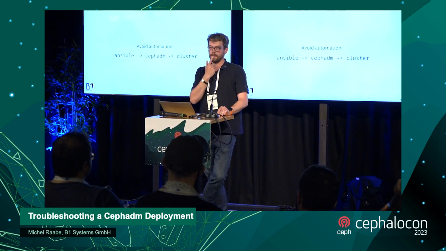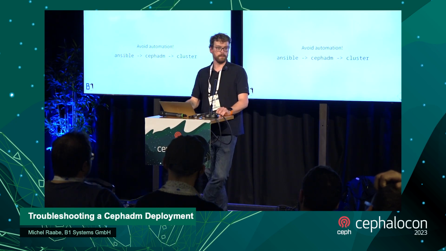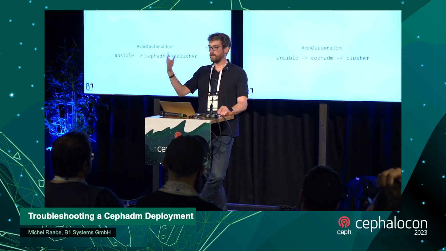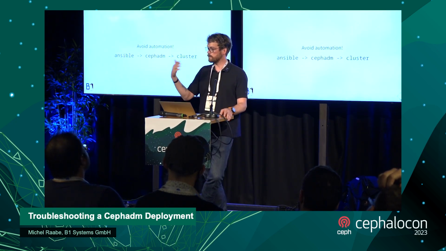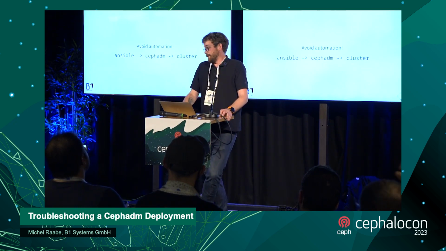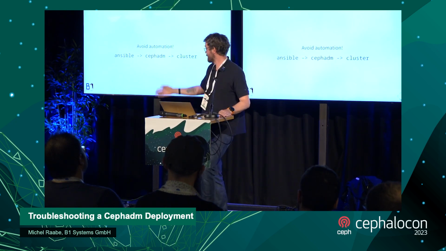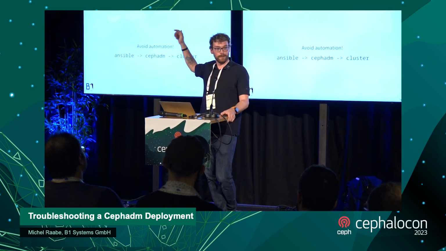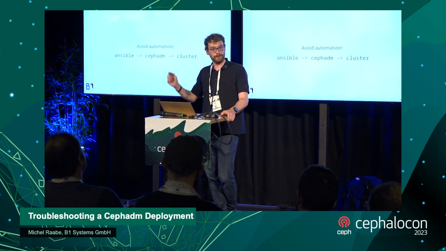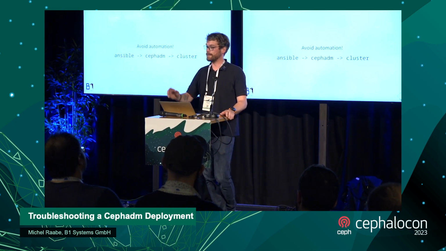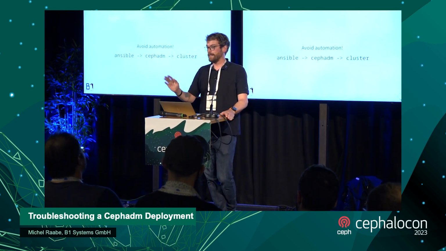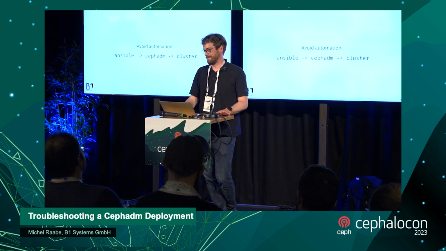Restart was done over systemctl. Oops. Ceph ADM said, okay, there was an error with one daemon because Grafana was restarted outside. So let's avoid automation like this, Ansible doing the job of Ceph ADM while Ceph ADM is configuring the cluster. Stick to Ceph ADM and you'll be happy, almost.